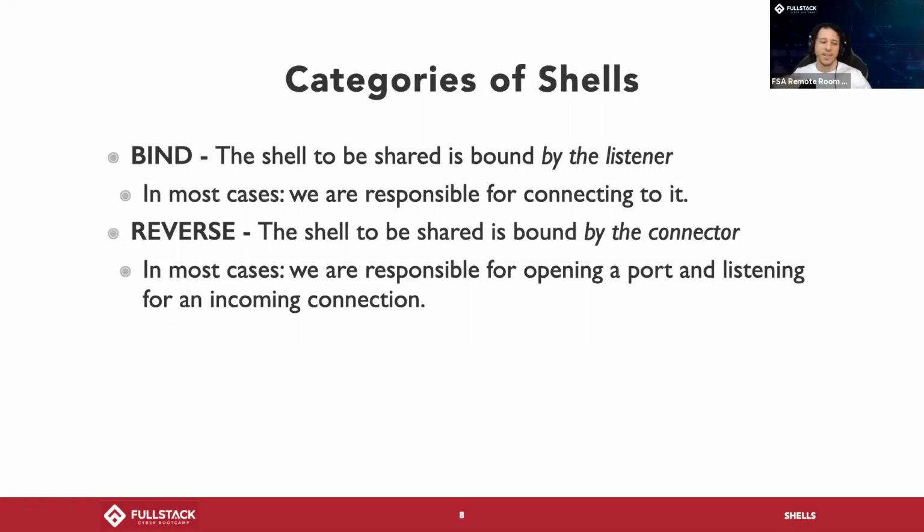What does this mean in English? Well, we have a very easy example to give you. I have a shell right here. It's my shell, says Matt. Hopefully it's not mirrored too badly, but you can see it says Matt. If you want to put commands into the Matt operating system, you need access to the Matt shell. If it's a bind shell, it's bound onto me.